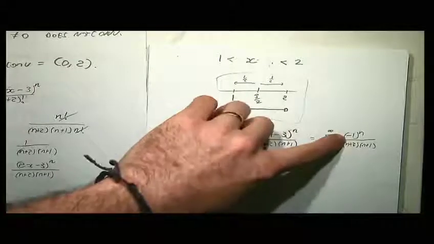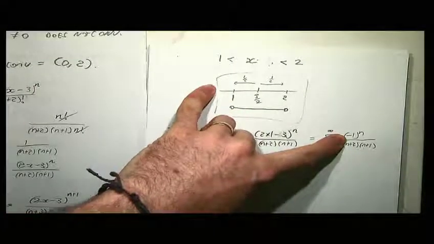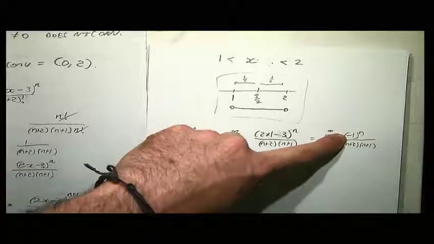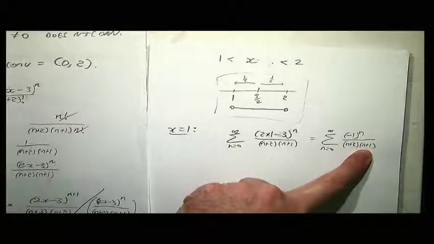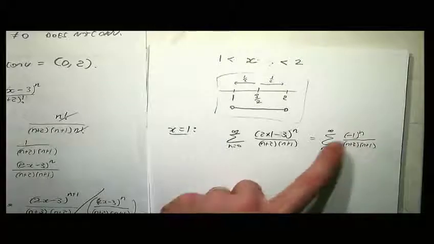So that minus 1 to the n makes it an alternating series. An alternating series, in order to converge, all you need is for the total answer to be strictly decreasing, which it is, because as n gets bigger, that denominator gets bigger, which makes the fraction smaller.